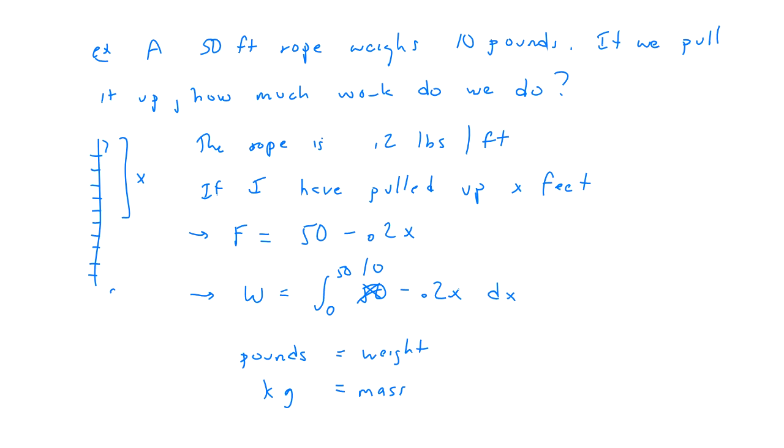Okay. So if you're given pounds, that's a force, which means you just multiply by the distance. If you're given kilograms, how do I make that into a force? I have to multiply the mass by g.